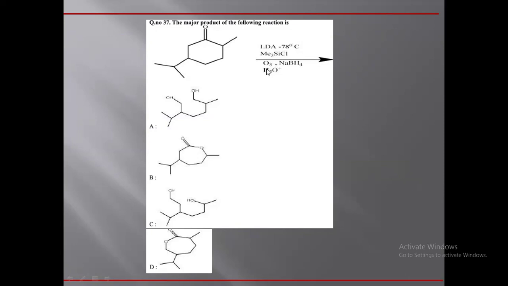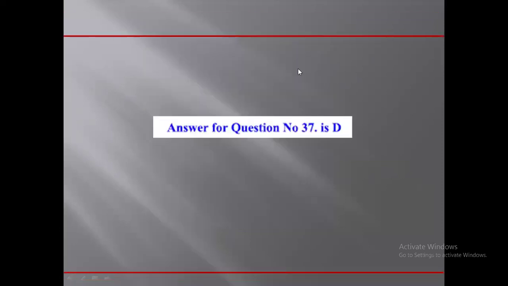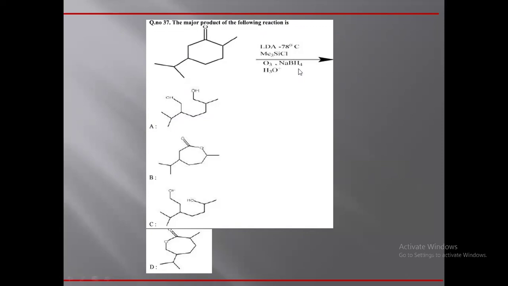Second, we have to do the ozonolysis reaction. After ozonolysis we get an acid on one side and formaldehyde on the other. Then we treat with sodium borohydride, which is a reduction.